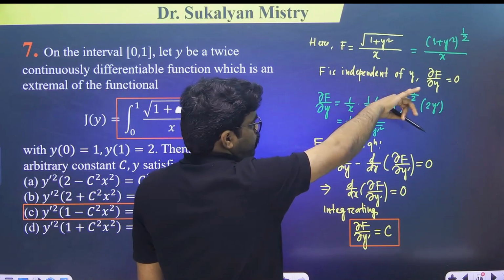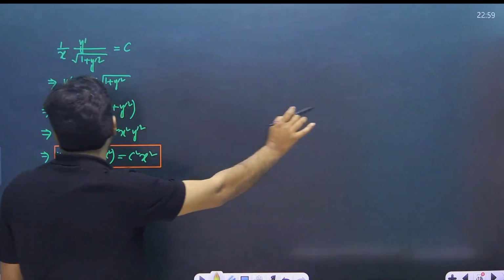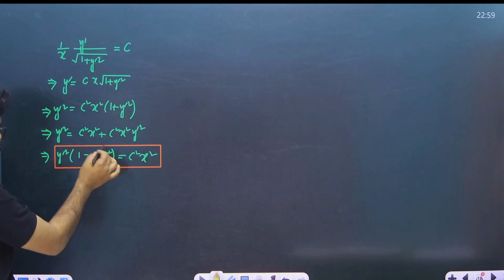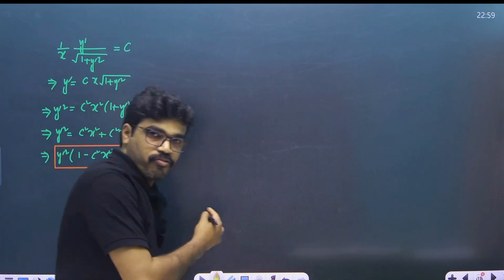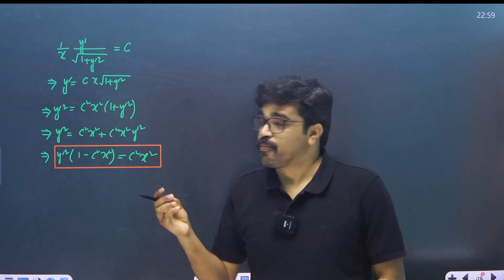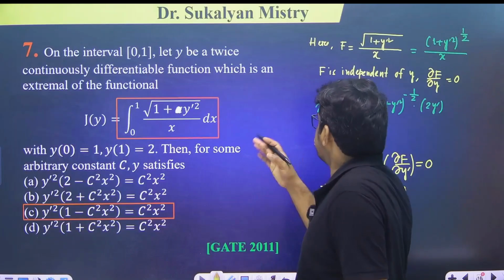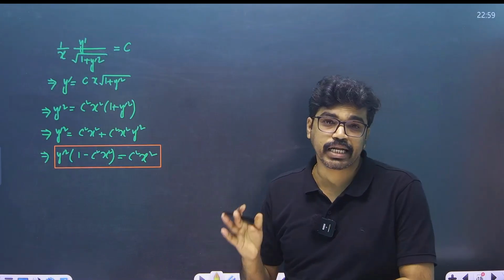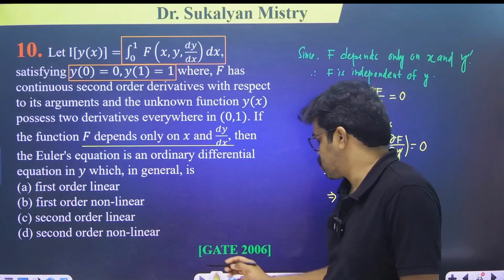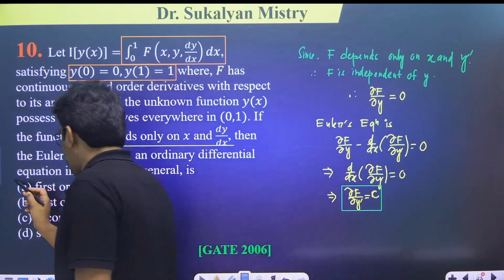Del f del y is equal to 0. This solution becomes this. So if f is independent of y, we get a first order linear differential equation. So option A is the correct answer.